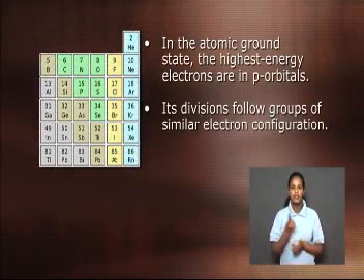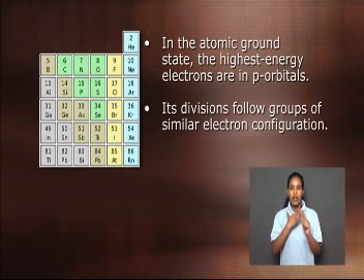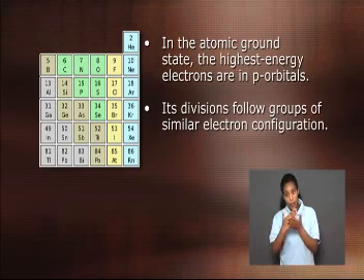The atoms of the elements in the P block have their highest energy electrons in a p orbital. As you can see here, the P block contains all of the nonmetals except for hydrogen and helium. It also includes some metals and metalloids.